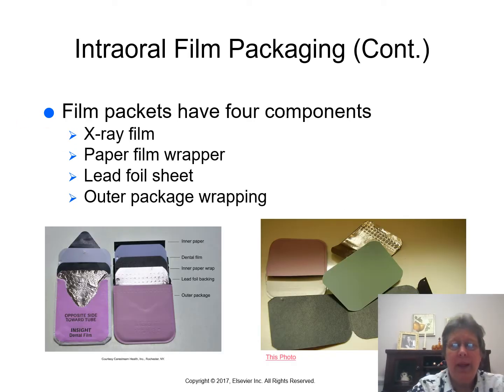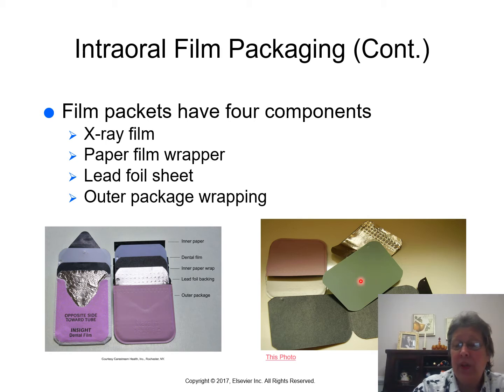Let's talk a little bit about the parts of the intraoral film packet itself. We have the actual X-ray film. We have a black paper film wrapper. We have a lead foil, and we have the outer package wrapping. So this is our X-ray film. We've talked about that.